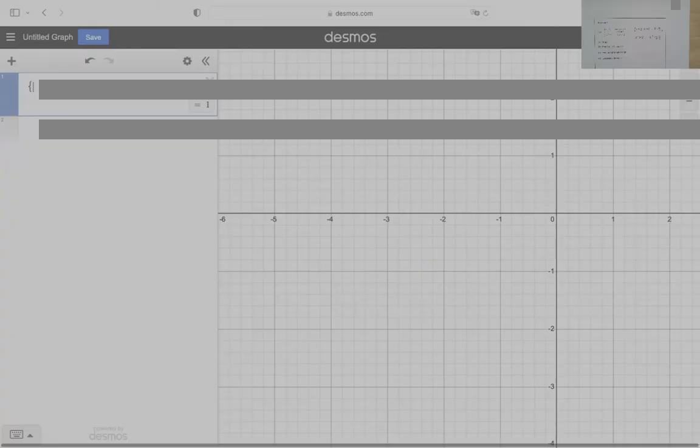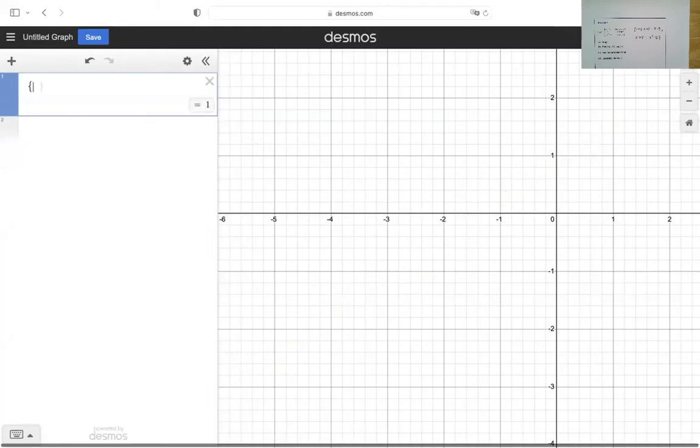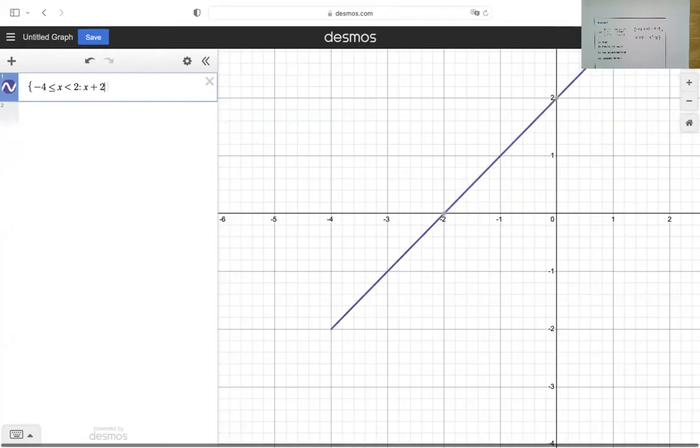Open your curly bracket. It says f of x equals x plus 2 if negative 4 is less than or equal to x is less than 2. So start with your limitation, negative 4 less than or equal to x less than 2, colon, good, x plus 2.